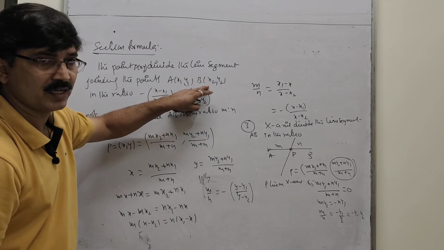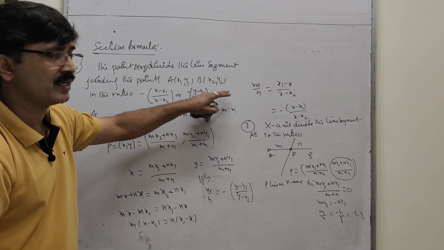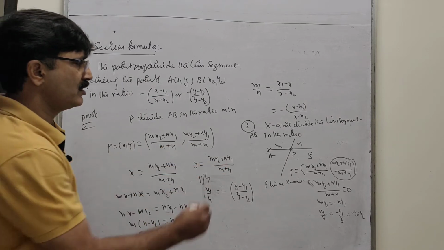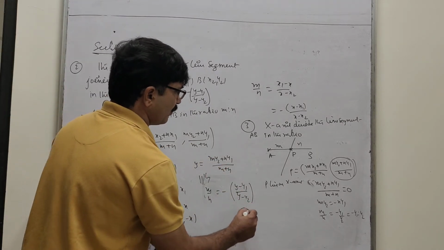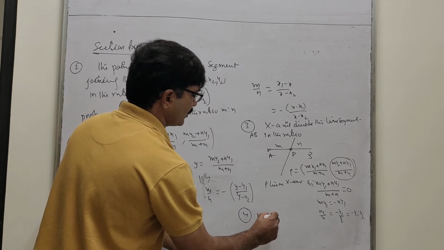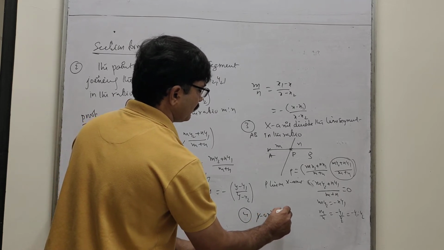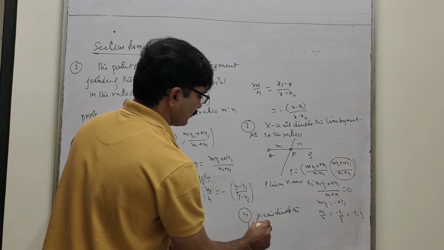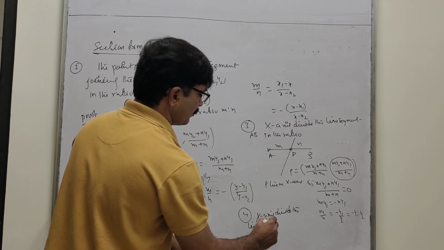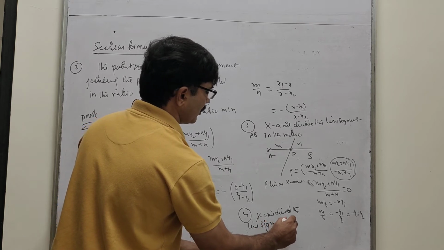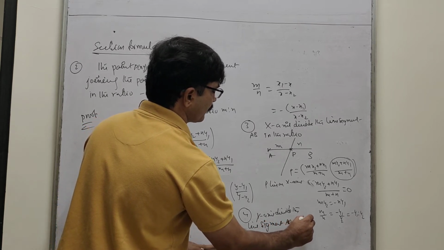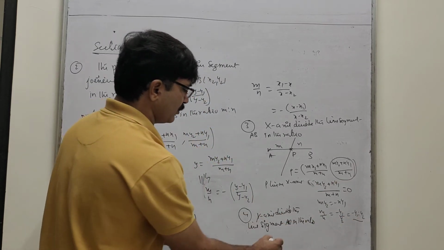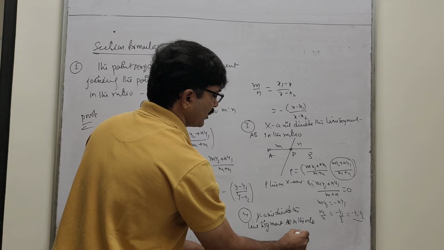I have taken the point here. A is x1 y1, B is x2 y2, only the same, because everything is there on the board. That's the reason. In the same fashion, see the fourth one, y-axis. If I said the y-axis divides the line segment AB in the ratio, because we got minus y1 is to y2 there, y-axis means minus x1 is to x2.